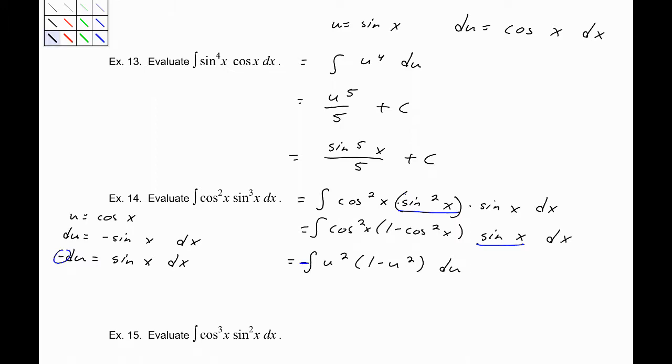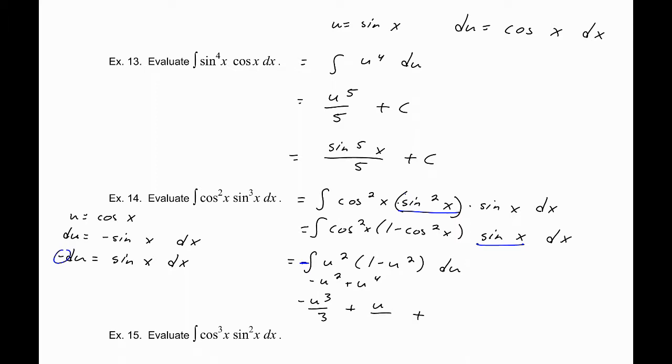Alright, so I can then work with this. This is u squared minus u to the fourth. I'm going to go ahead and make that a negative and a positive. And then once we use our power rule there, that is negative u cubed over 3 plus u to the fifth over 5.